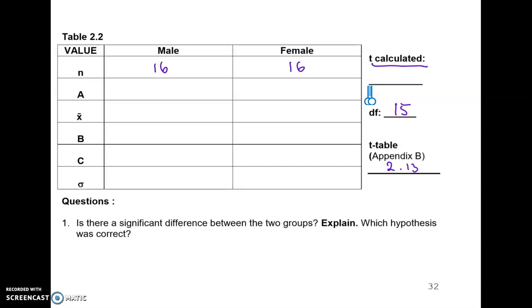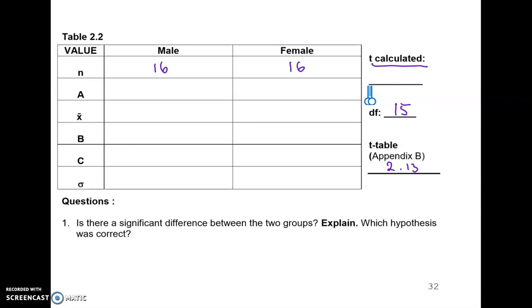Okay, so now you need to calculate all of these numbers: the A, the sum of the values, the average of the heights, and then the sum of the squares, calculate your C and your sigma, the standard deviation, and then calculate T with the formula. Then you need to compare: is my calculated T larger or smaller than the cutoff value?